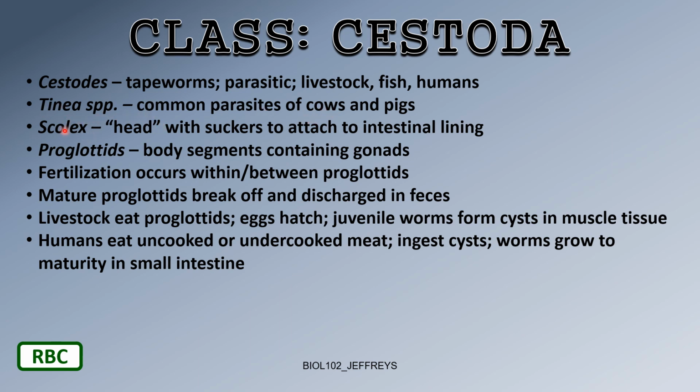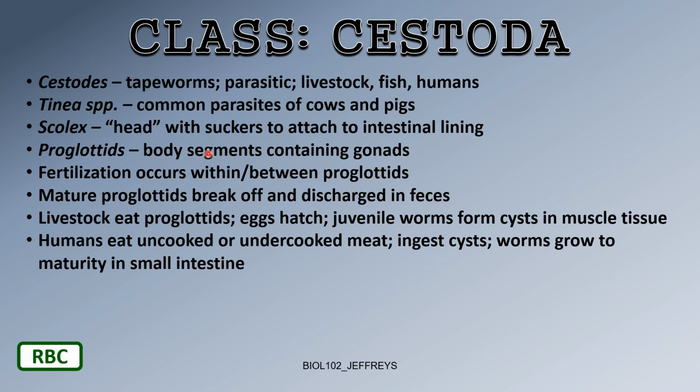Now, the tapeworm has a head end, and that head is called the scolex. I'll show you the picture. It's going to freak you out. The scolex has suckers and little barbs that the worm uses to attach to the intestinal lining of the animal. Now, proglottids are the segments.